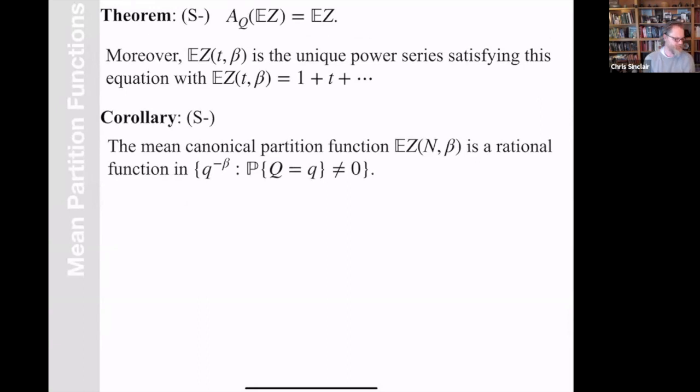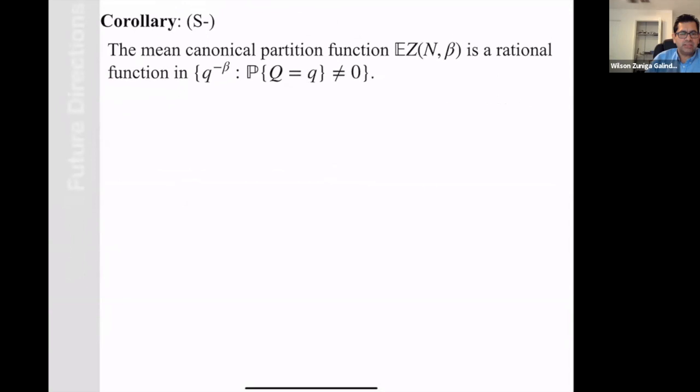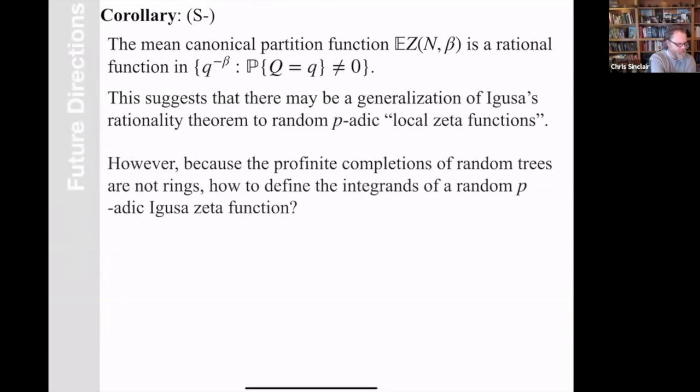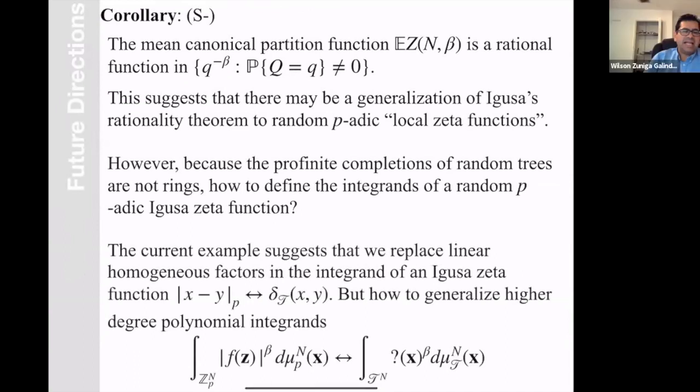When you introduce the generalization. Suppose that P is a fixed tree, and the distance is the simplest one, delta, the distance in the tree. You know that this integral is rational? No. You know only that the expected value is; this is really a random variable.